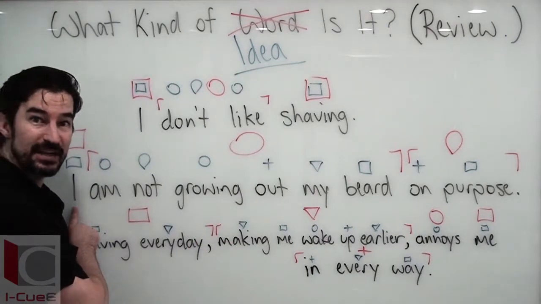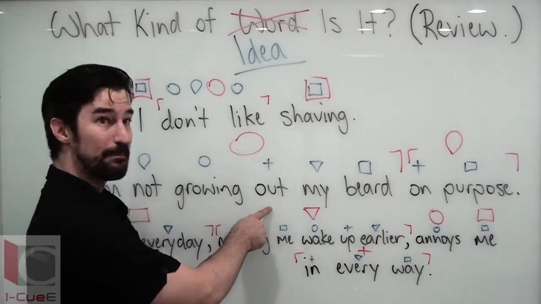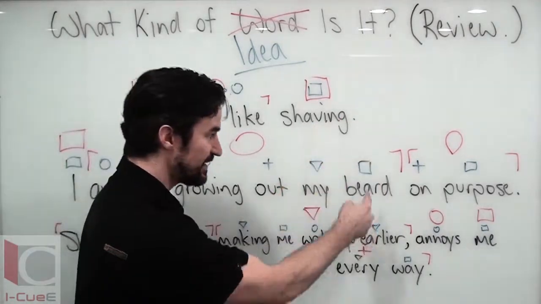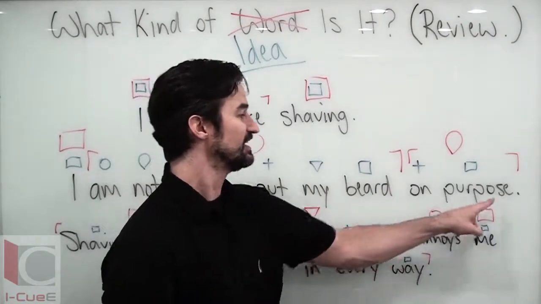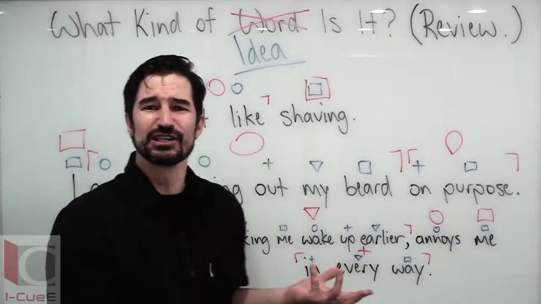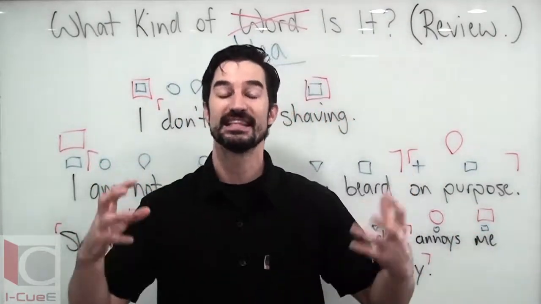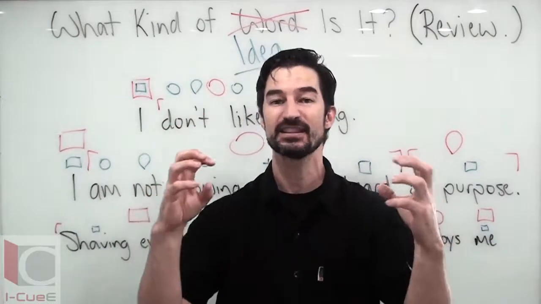I am the subject. That's noun, verb, adverb, verb, preposition, adjective, noun, preposition, noun. That's a lot of shapes, and if you just look at that, you're not really going to get a good sense of what this idea, what this complete thought is saying.